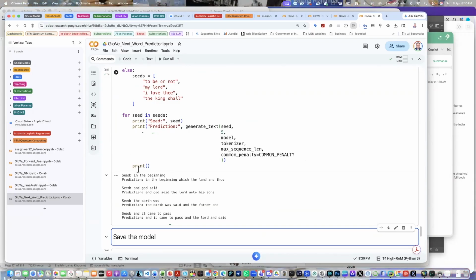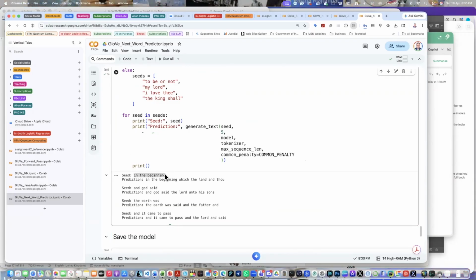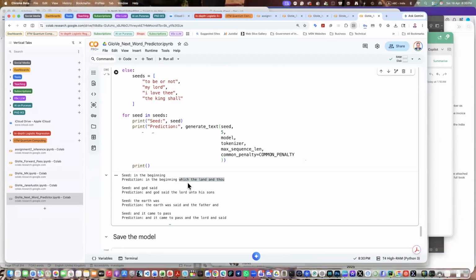Now see here, I gave it a sentence in the beginning, and it tried to complete the sentence. It is finding different words to complete the sentence, making some prediction of what should be the remaining part. But it doesn't know grammar, it doesn't understand tense and that kind of stuff. That is why it seems like a nonsensical output, but it is not really nonsensical.